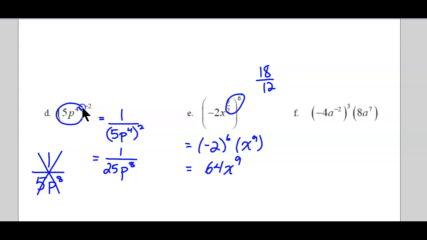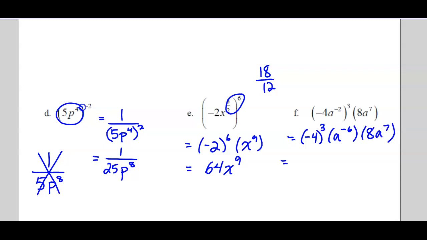Okay, next one. So here, there is a negative exponent. I'm not going to deal with that right now. I'm going to deal with the bracket raised to the exponent 3 first. Nothing to do here. So that's going to be -4. You need to show it like that to start. Don't forget that the -4 needs to be cubed. Then that will be a to the -6 times 8a to the 7.